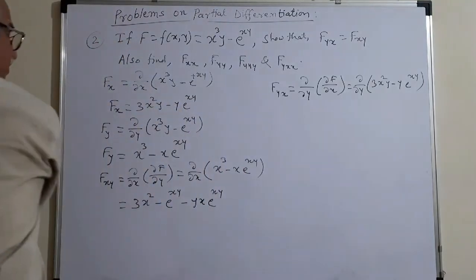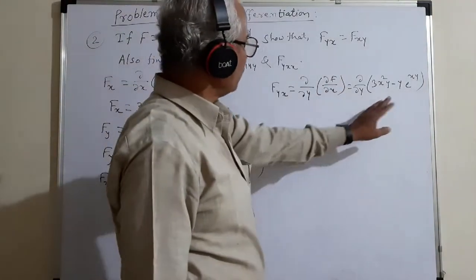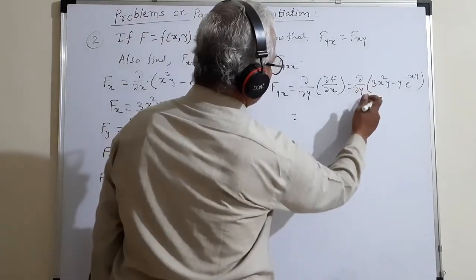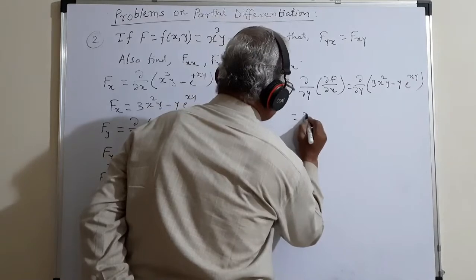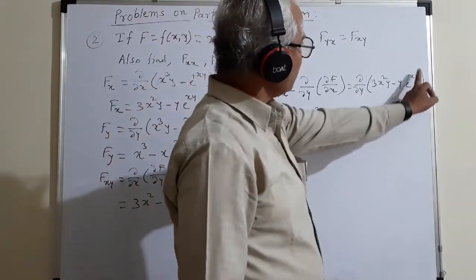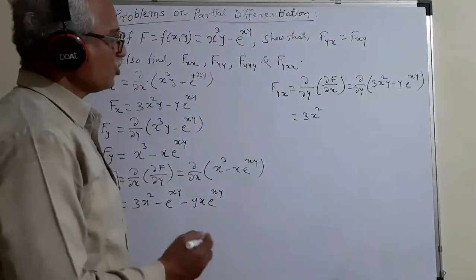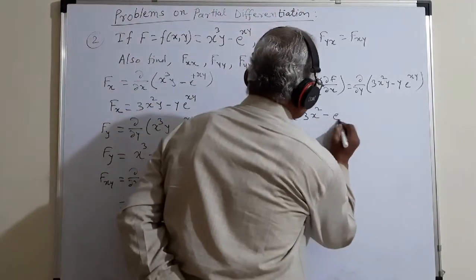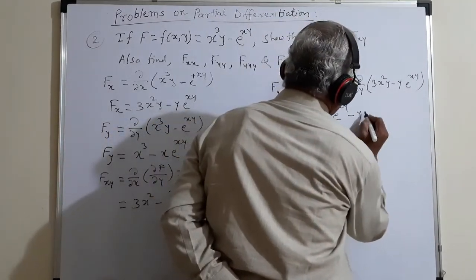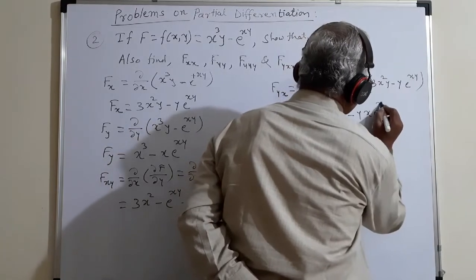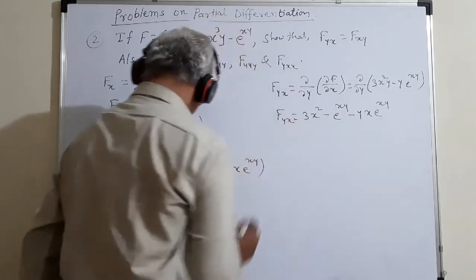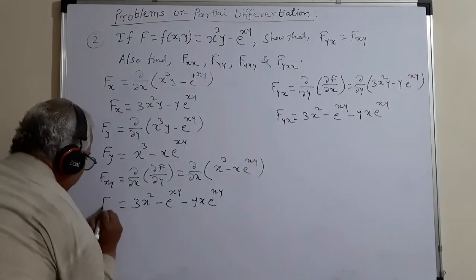Differentiating this partially with respect to y, dou by dou y of 3x square y is 3x square, and for dou by dou y of y e raised to xy we have to apply the product rule here. So this is minus e raised to xy minus y x e raised to xy. So this is the expression for fyx, and the earlier one is the expression for fxy.